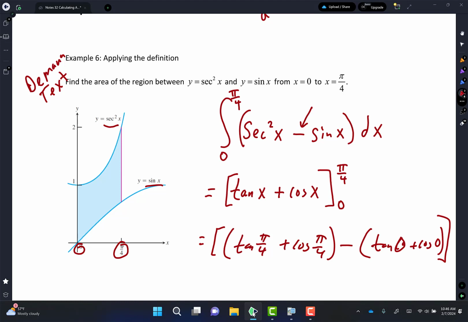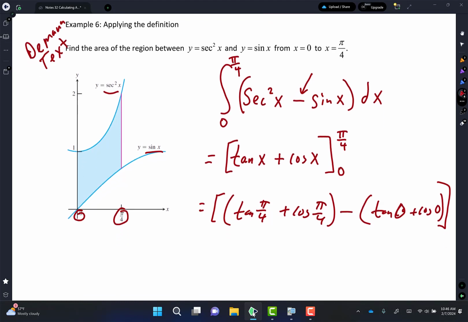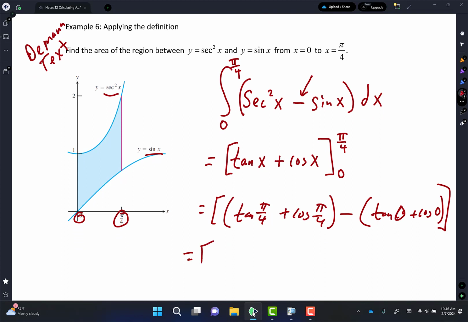Basic pre-calc, don't freak out. I guess I don't need the bracket anymore. What's tan of pi over 4? 1. What's cosine of pi over 4? Square root of 2 over 2. Minus, parenthesis. What's tan of 0? 0. Plus, what's cosine of 0? 1.